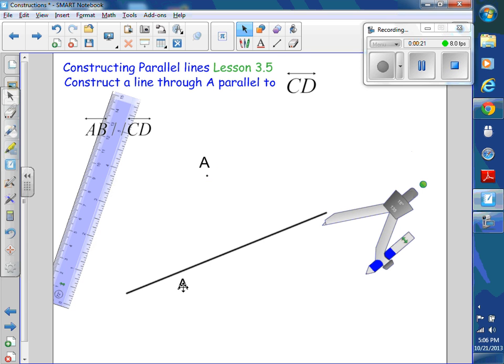So let's mark this as CD. And we'll make this point C. And make this point B.